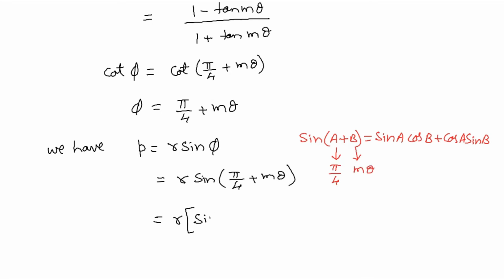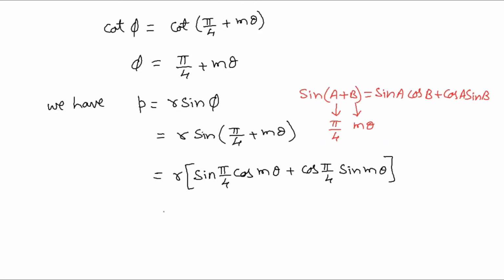It is sine of pi by 4 into cos of B. B value over here is m theta, plus cos of pi by 4 into sine of m theta. That will be equal to R times, we know the value of sine pi by 4. The sine 45 is 1 by root 2.